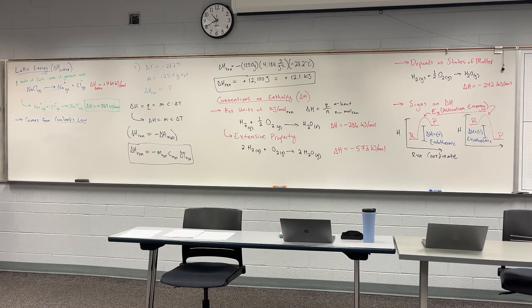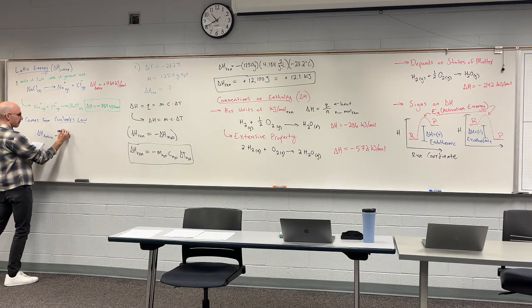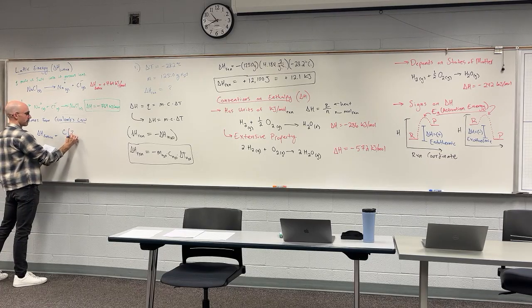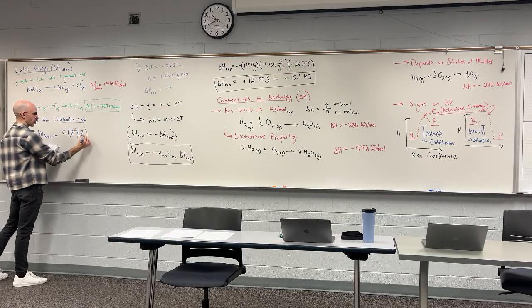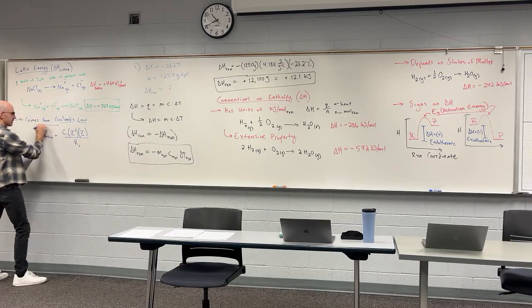Coulomb's law is electric charges. What we get here is that delta H lattice is equal to some constant, this is a crystal constant, times the charge of the anion times the charge of the cation divided by the distance between them.